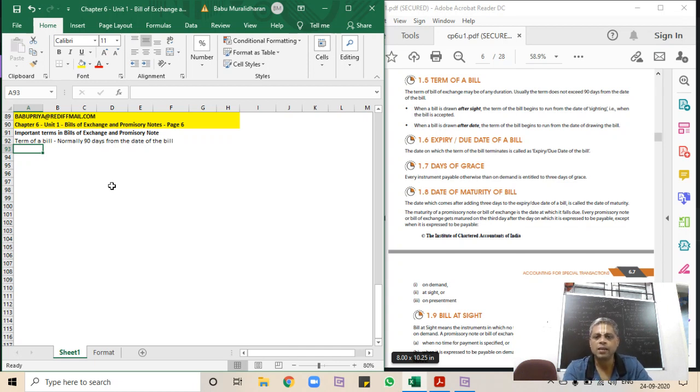So the bill has been drawn in, there are two terms that are normally used in the bill of exchange. One is bills drawn after sight.